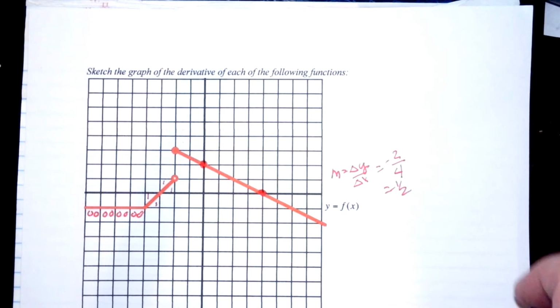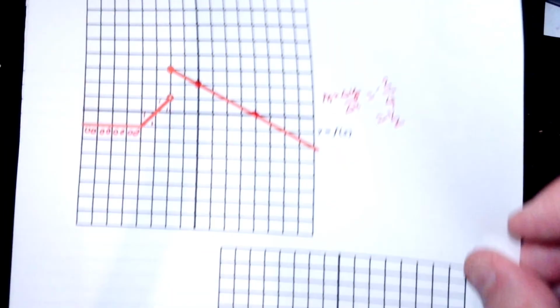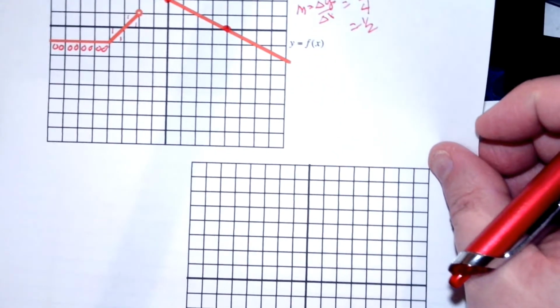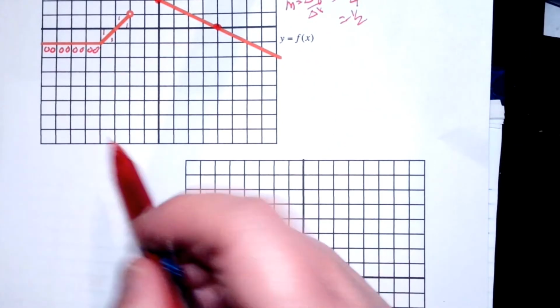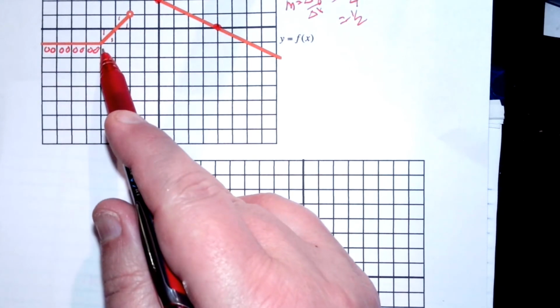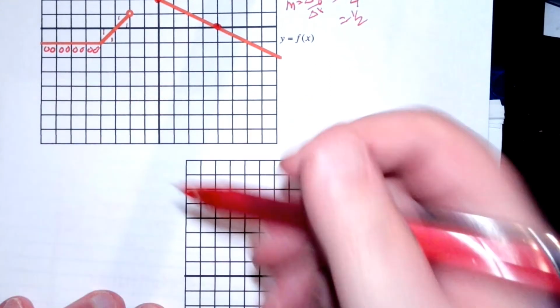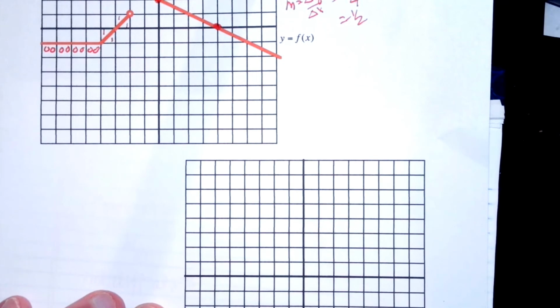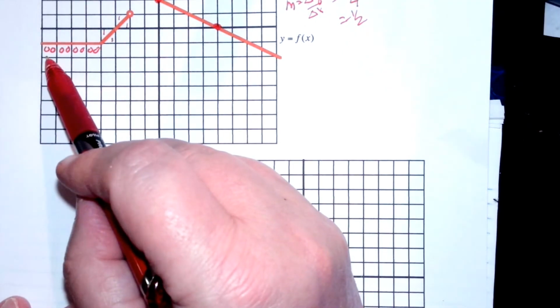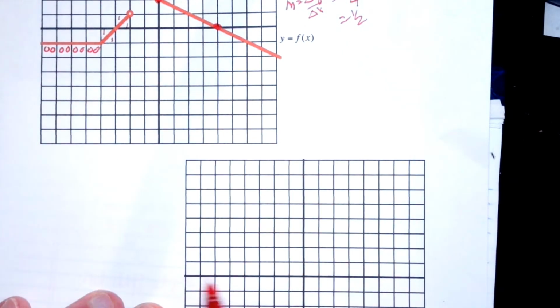All right, so let's see if we can draw a reasonably good graph. Let's see, between x equals -8 and -4, it looks like the slope is 0. So when drawing the derivative, the slopes here give us the y-coordinates down here.